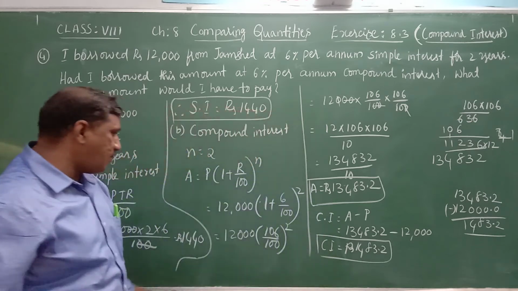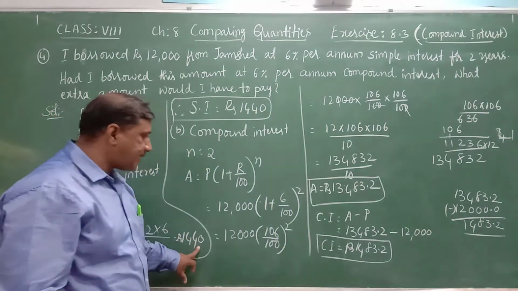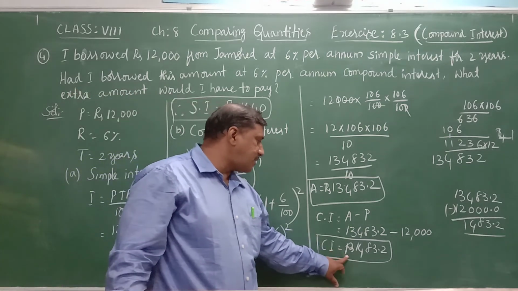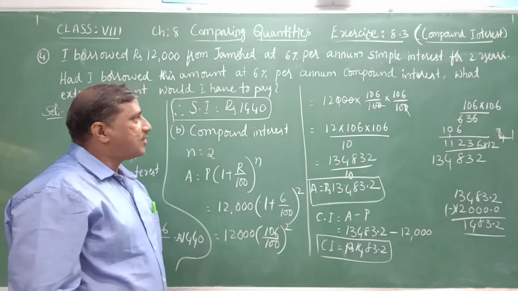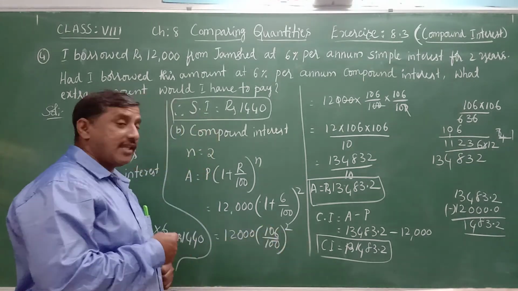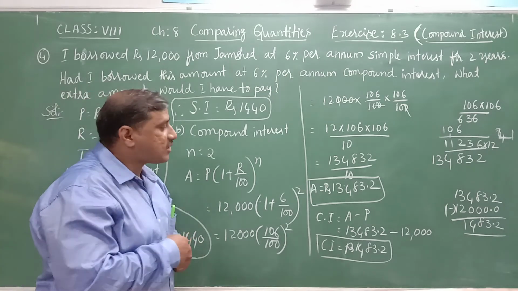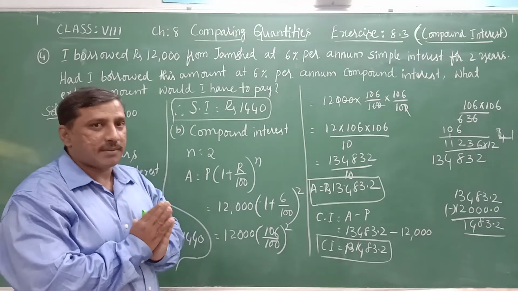Simple interest is how much? Simple interest is 1440 rupees and compound interest is 1483.20 rupees. So is he paying compound interest more or less? Yes. How much more does he have to pay? Means what to do? Subtract both the interests.